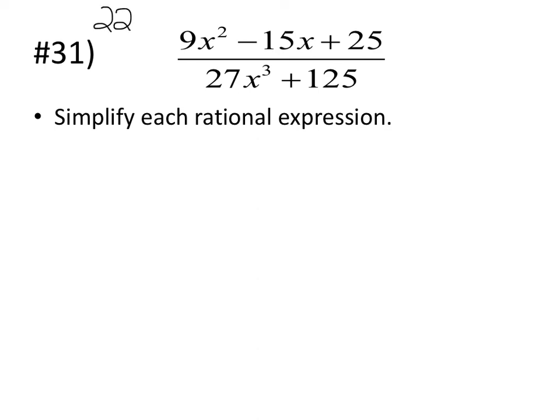Okay. Factors of 225 that are going to give me 15. Let's see. Right now I'm just guessing numbers.